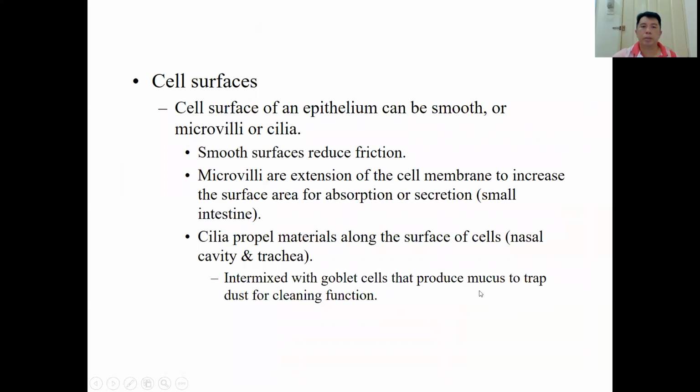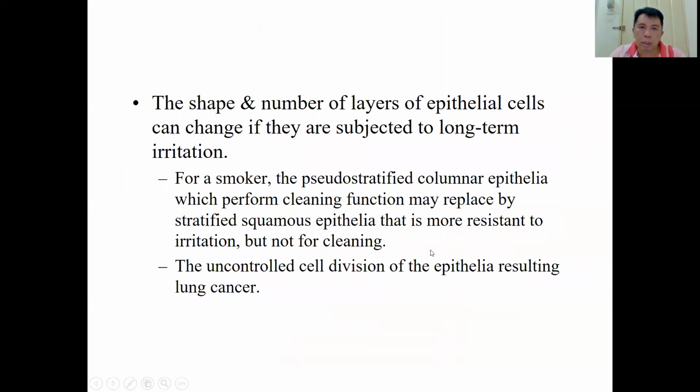As for the cell surface, just like I told you, microvilli increase the total surface area for absorption, and cilia move substances along the apical surface. The shape and number of layers of epithelial cells can change if they are subjected to long-term irritation.